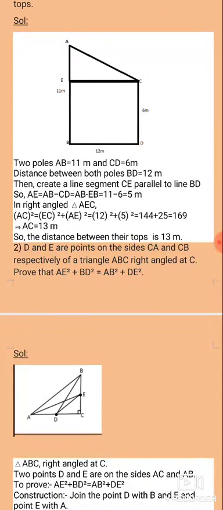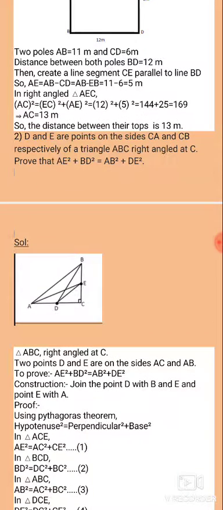D and E are points on side CA and CB respectively of a triangle ABC right angled at C. Prove that AE square plus BD square is equal to AB square plus DE square.